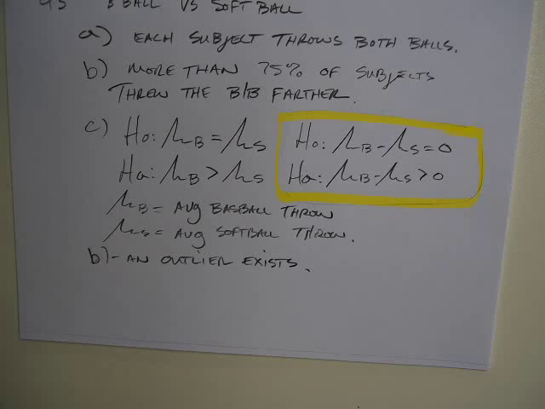And he threw the baseball really hard, threw it really well. And then when he got to the softball, he or she did something like this. Right? Okay. Throwing off the wrong foot or something silly like that. I don't know. So what would you do with that person's data?